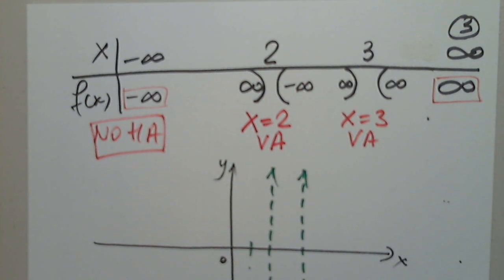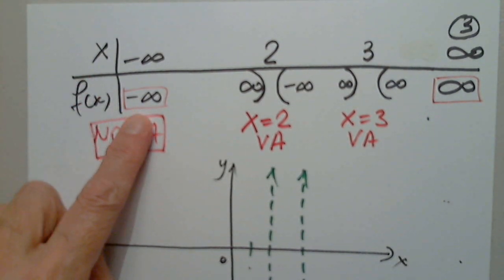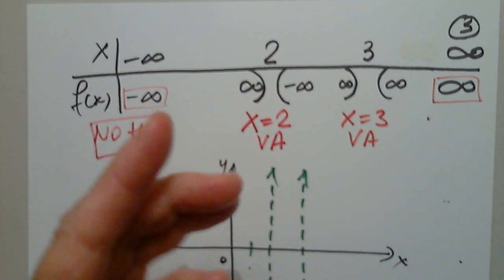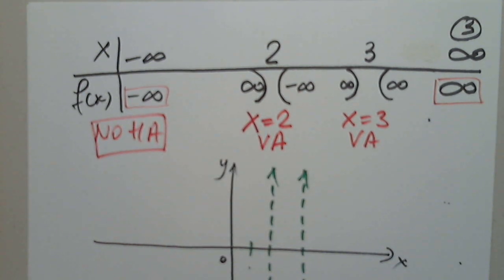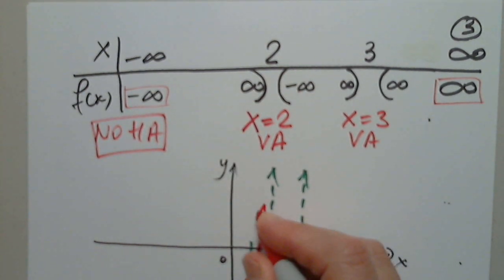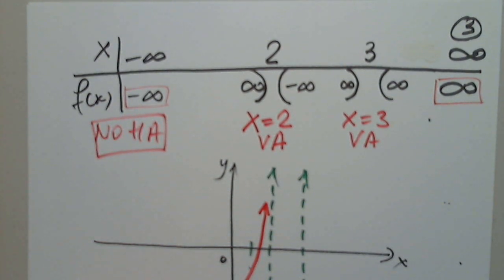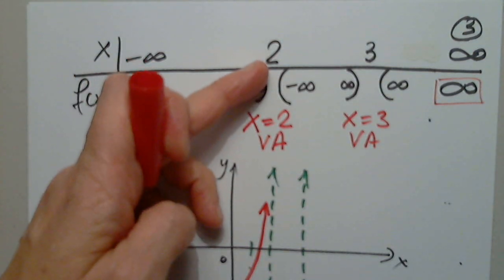Now, the function is coming from, sorry, negative infinity going to positive infinity on the left-hand side of the first asymptote. Okay, no problem. Coming from negative infinity, going to positive infinity on the left-hand side of 2.